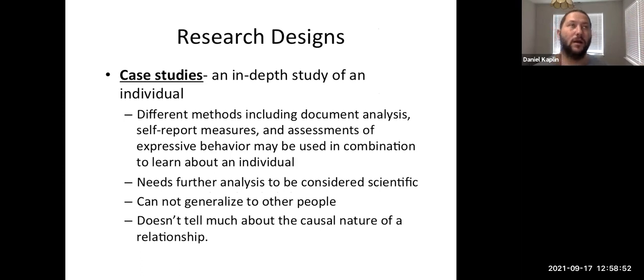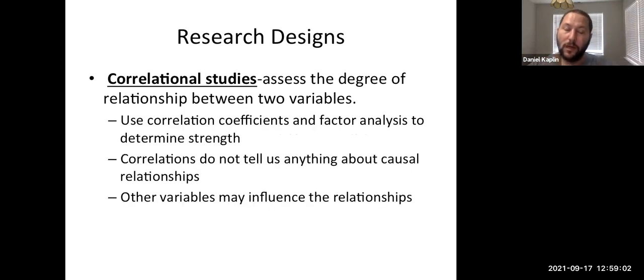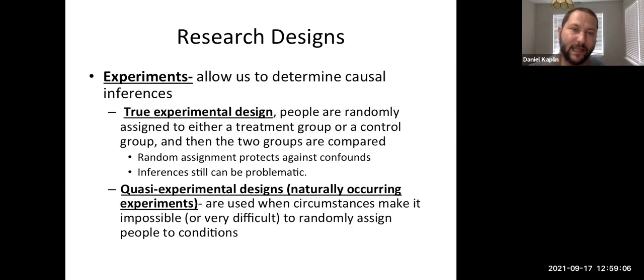Case studies are in-depth analysis of the individual. Now, it's important to understand you might get deep understanding of the individual, but you can't generalize out from that person. Correlation, we talked about the relationship between variables in the previous lesson, and then experiments where we manipulate a factor to see a given outcome if we wanted to determine cause and effect.